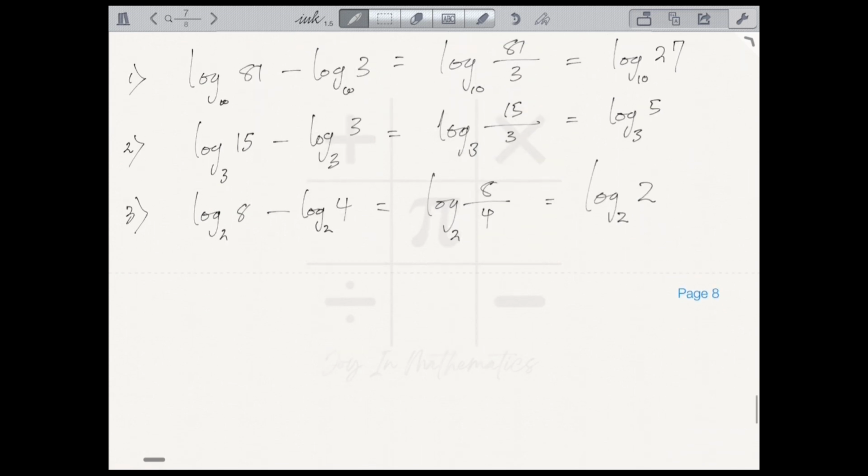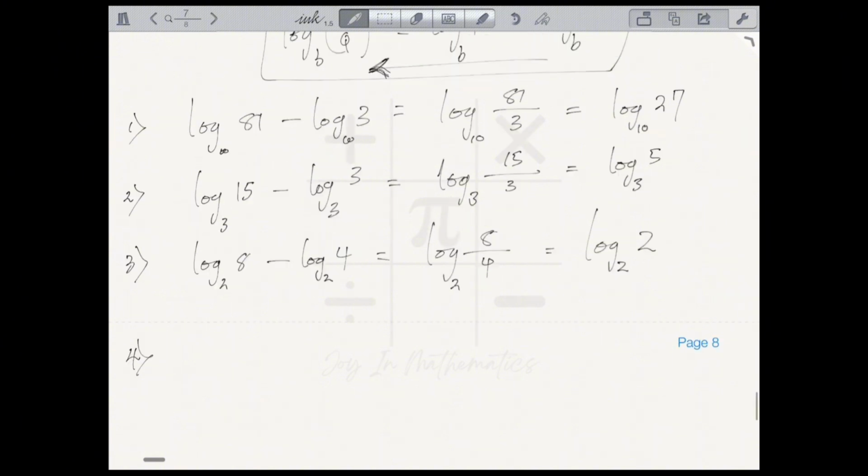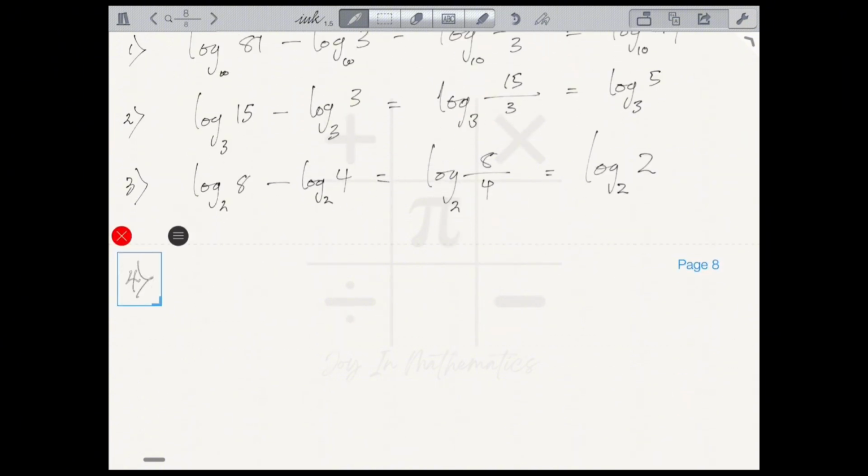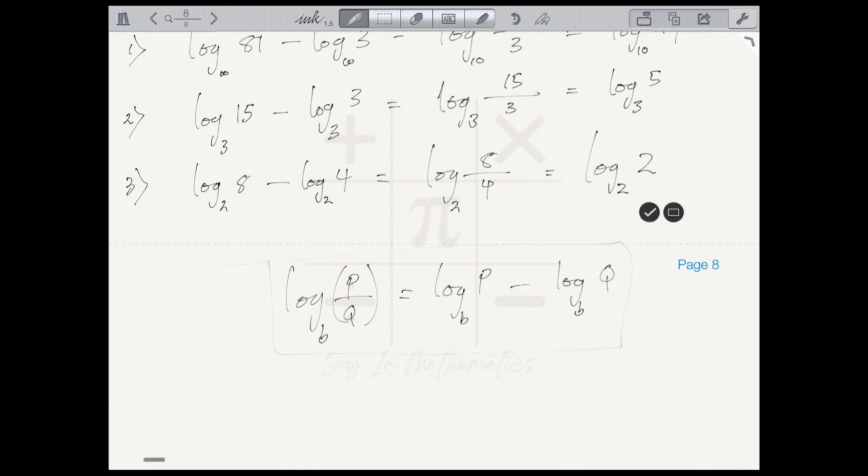Now that we have been applying it backwards, let's take a look at it when we apply it forward. Log p over q to base b is equal to log p to base b minus log q to base b. This is the subtraction law. Now let's apply it forward.